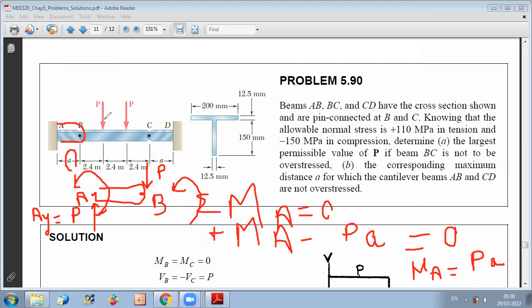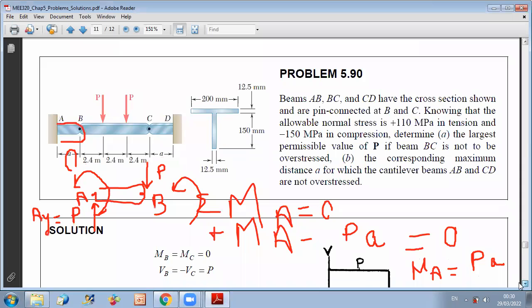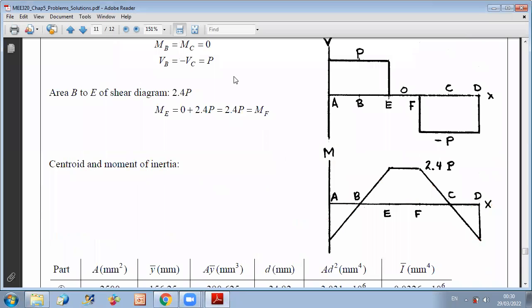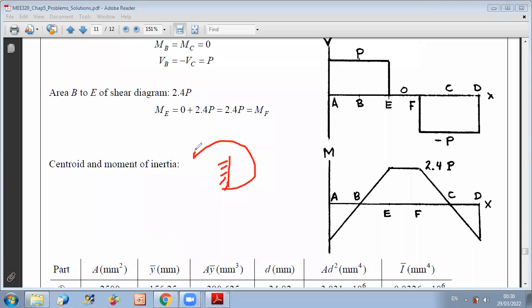Okay, and now between B and C, if you want to draw the bending moment diagram variation, it's very simple. You can use now the shear diagram because you have already the initial value of bending moment at A. The initial bending value, as we discussed, is because the fixity moment is, look, this is your fixity, and you have a counterclockwise moment at the fixity.